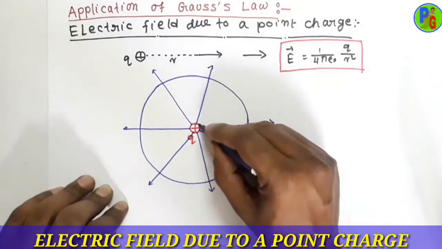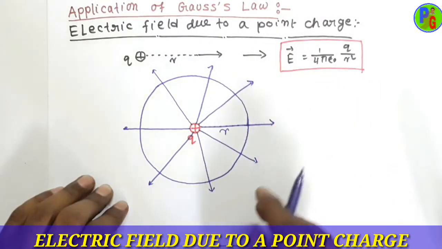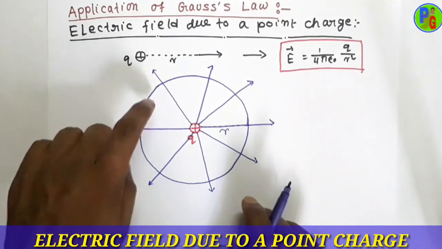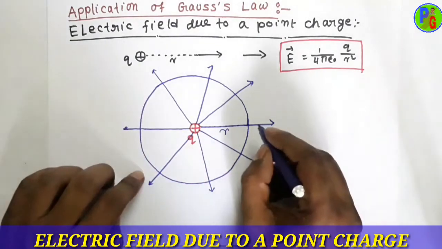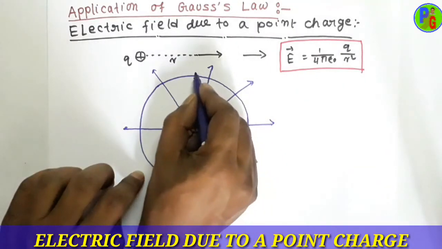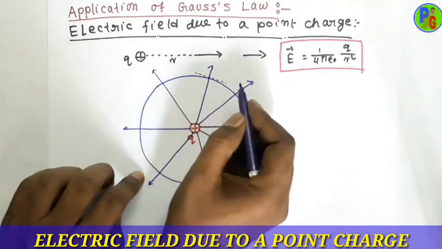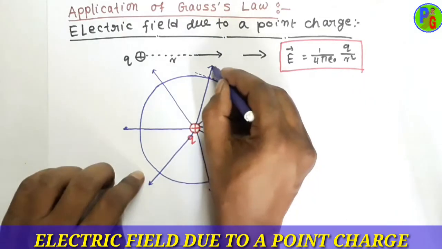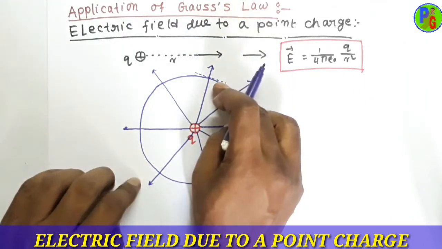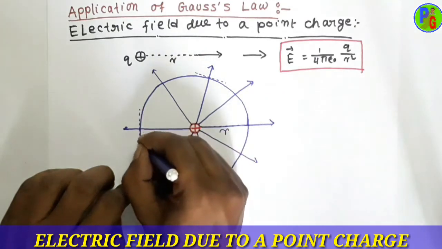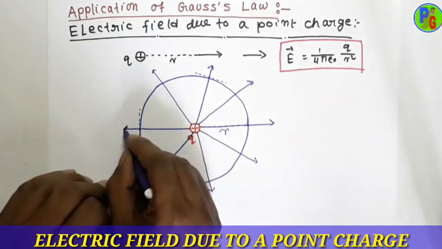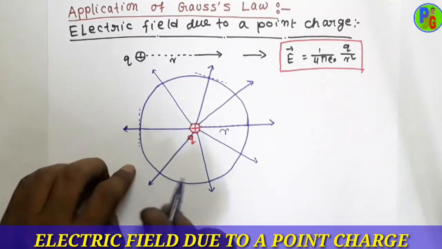Now look at the figure, our Gaussian surface is always perpendicular to the lines of force, because here you can draw a tangent and the electric field is perpendicular to the tangent.